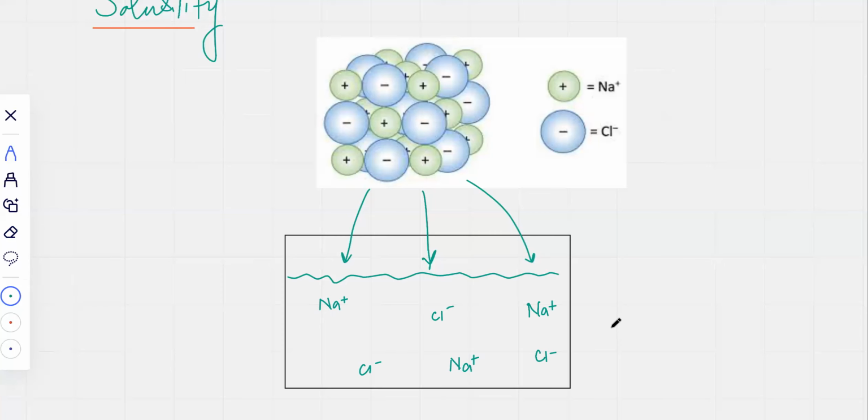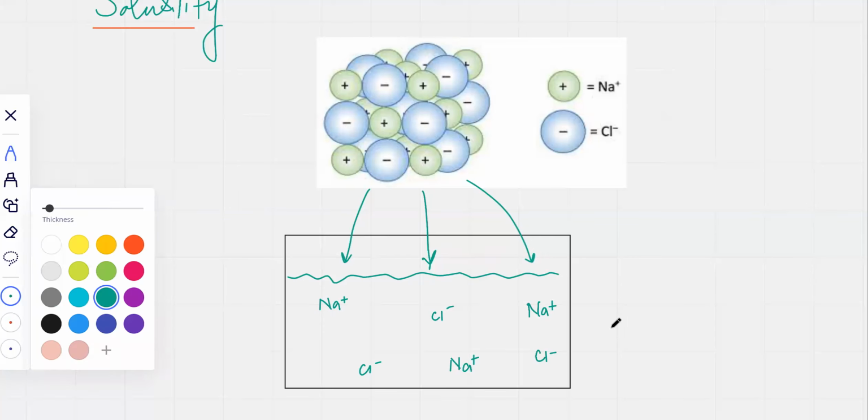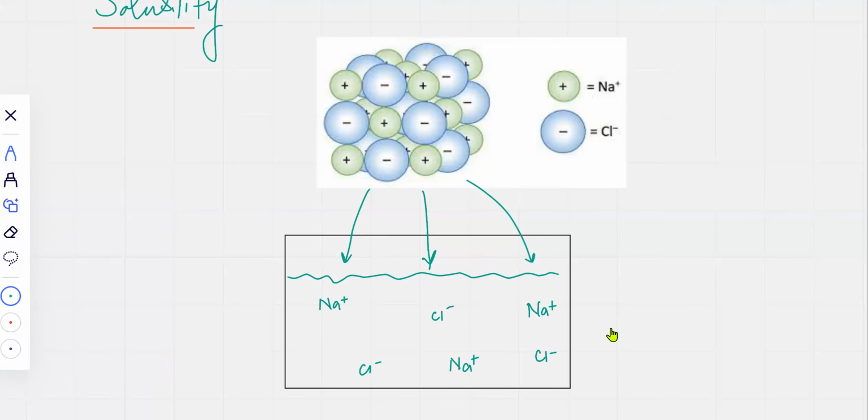So that is what happens when you try to dissolve an ionic compound. All these ions get scattered in water. The reason they're not able to get together again is that you have all these tiny water molecules present in between. Lots and lots of water molecules are going to prevent the sodium ions and the Cl ions from getting back together. So this is your aqueous state.